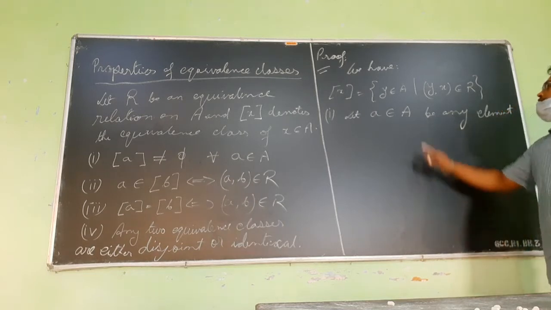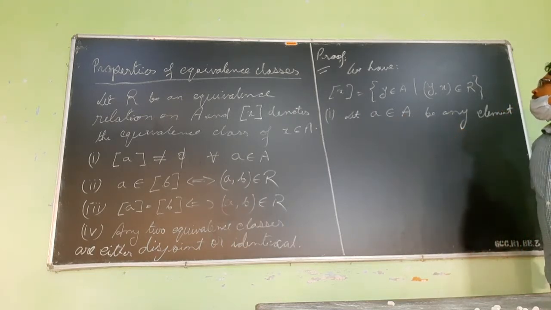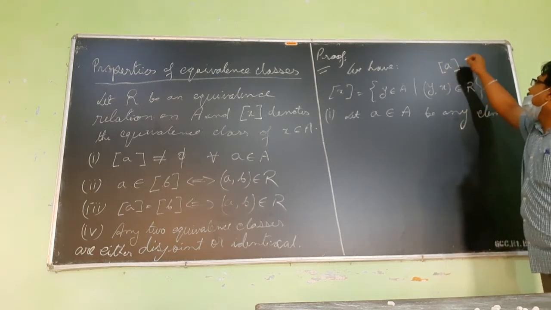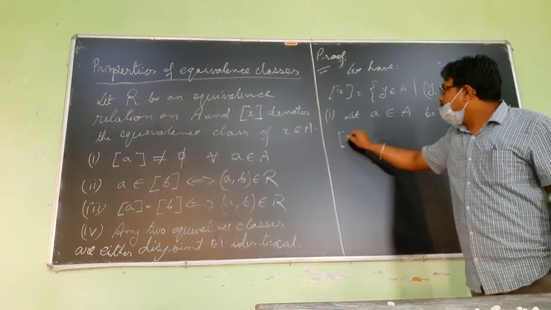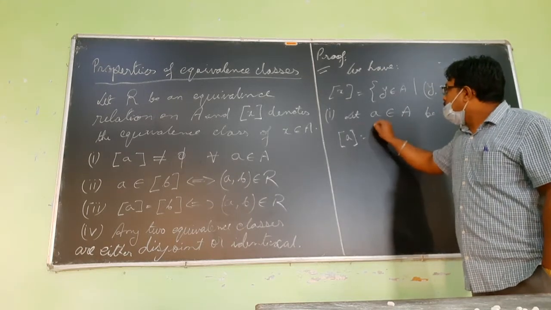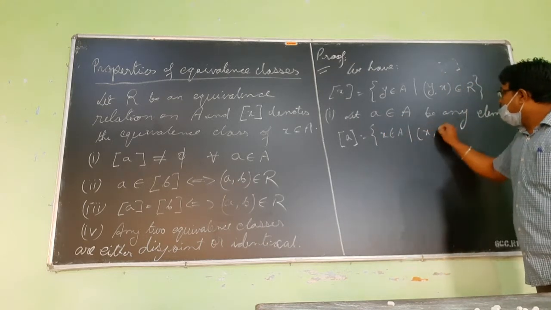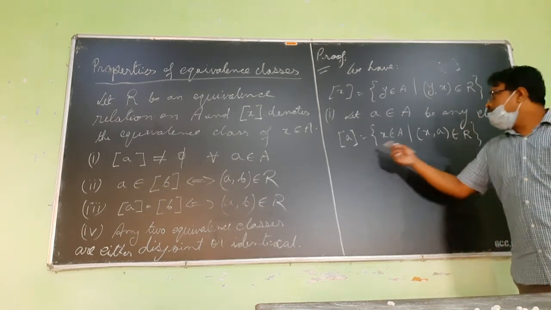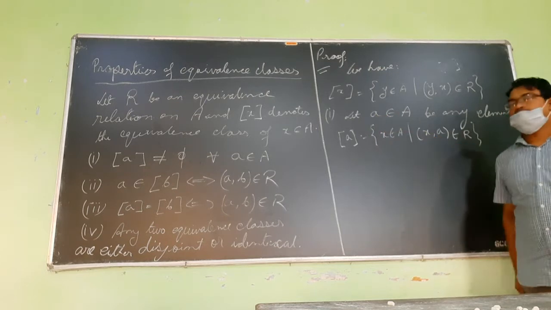If a is inside A, can you find some element inside the equivalence class of a? What is the equivalence class of a? The equivalence class of a is the set of all those X in A such that X is related to a. So can you find one element which is related to this small a?